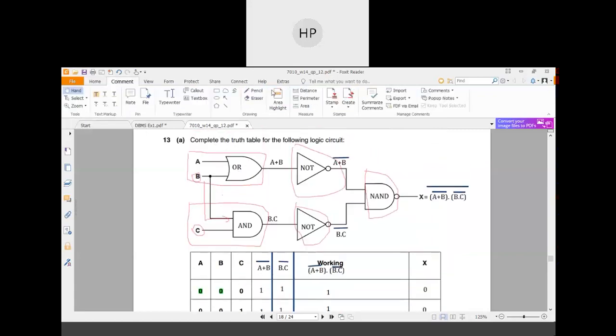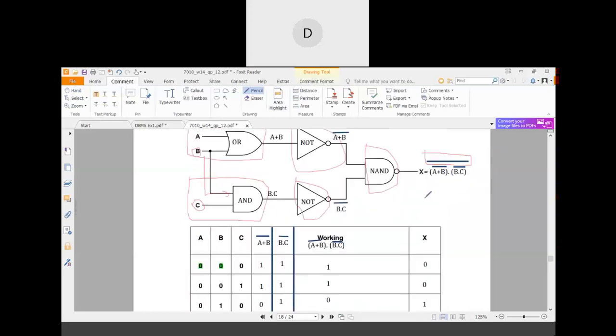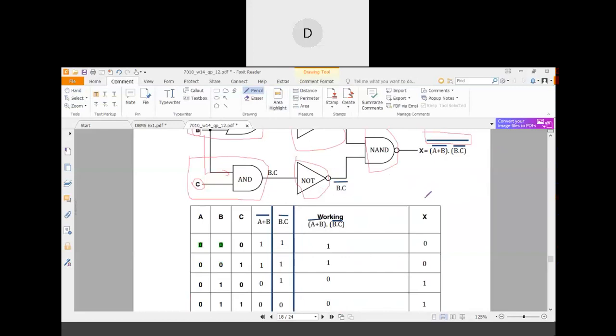Is it clear? Because of the inversion which you have over here at the end, there is inversion over a plus b and b dot c. Even if we have to calculate, we should invert. If there's no bar, you can't invert. If there's a bar, you will invert the values. Bar means inversion. So why didn't you invert that in the working?